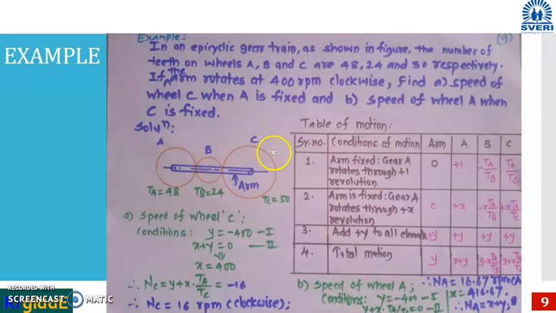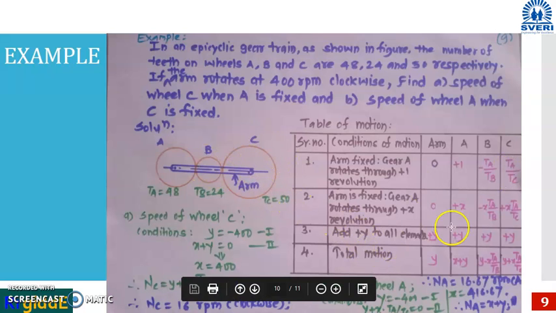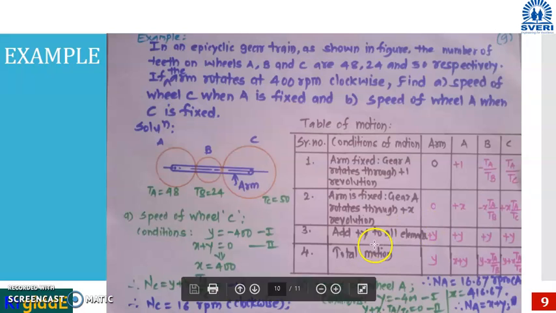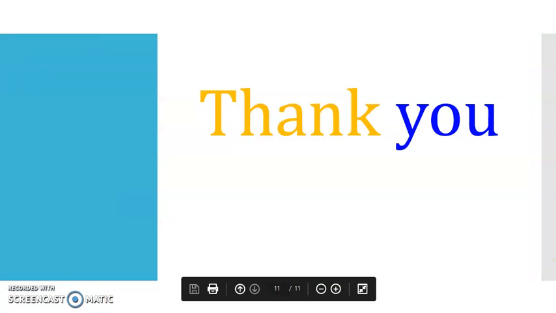Again with respect to C, as C is in mesh with B, we got the train value as TA upon TC. Again not necessary to put the sign as it is going to rotate in the anti-clockwise direction. Now second column, again we multiply the first row by plus X, and add Y revolution to all. We are going to get this last column as total motion.